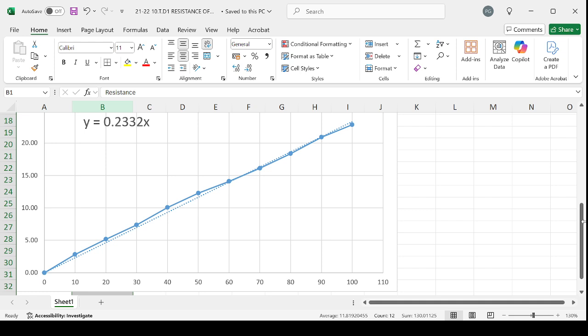If I go from 10 centimeters up to 50, then I'm going 5 times bigger length, 5 times longer length. I would expect the resistance to be 5 times greater. Okay, so that's quite a nice result, and that's the resistance of a wire experiment.